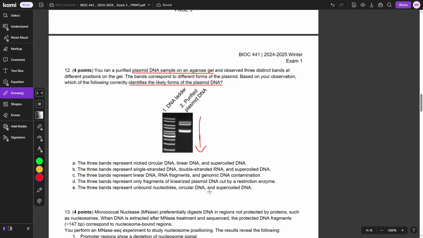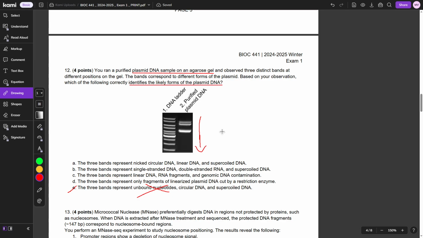Unbound nucleotides, circular DNA, and supercoiled DNA. Okay, so first of all, there's no unbound nucleotides. I'm never expecting to see unbound nucleotides in my gel, because they're too small to show up in a gel. I need larger molecules to show up, so it's not going to be E. I don't know why I circled it. Three fragments of linear represent only fragments of linearized plasmid.